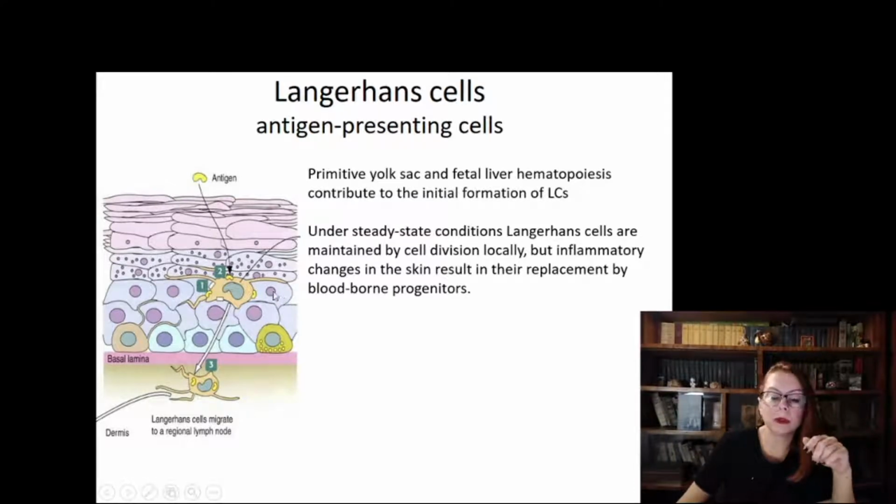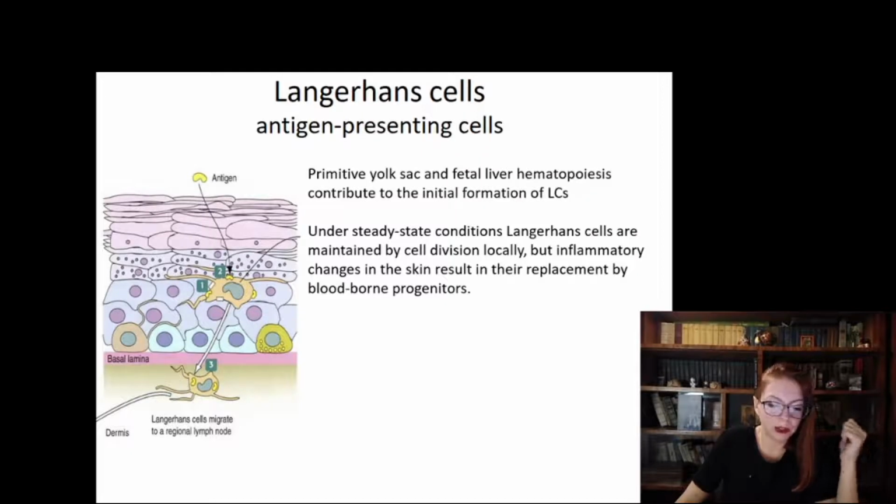So really, bone marrow derived cells might form some percentage of Langerhans cells, but the majority of Langerhans cells are present in the epidermis before the birth.